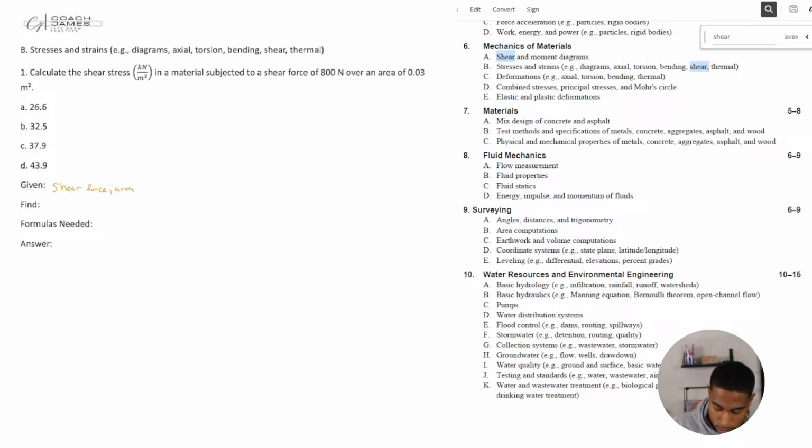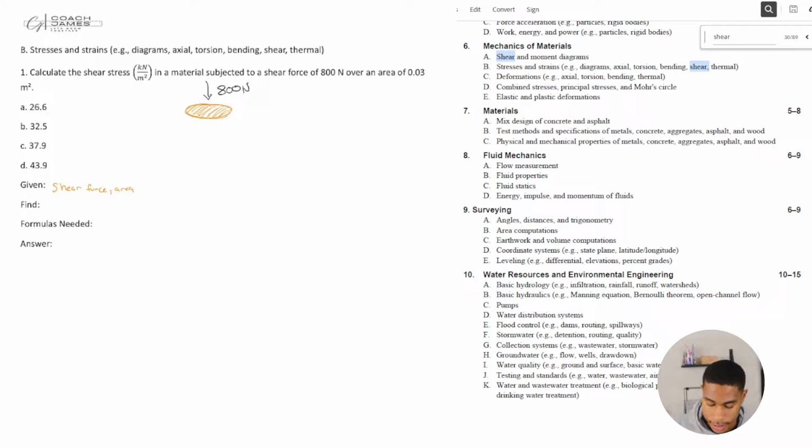Over this material, we've got a force that's happening on a specific area. It would kind of be like this, right? Imagine that this is our area, this little random circular pellet on the ground, and we've got a force coming down on it at 800 newtons.